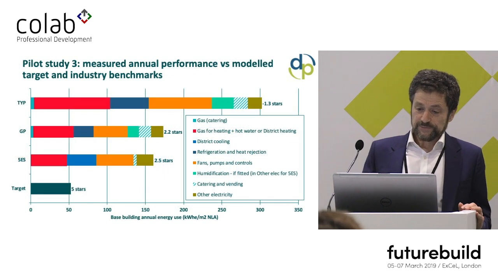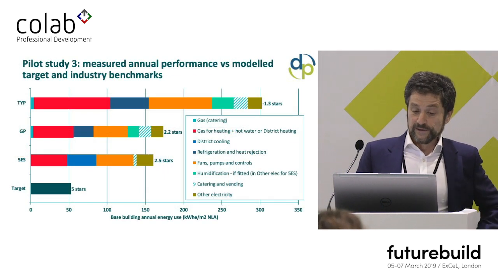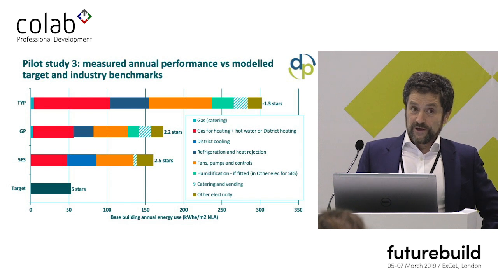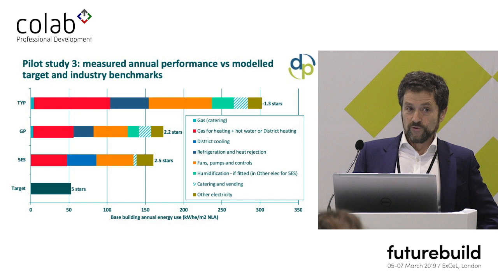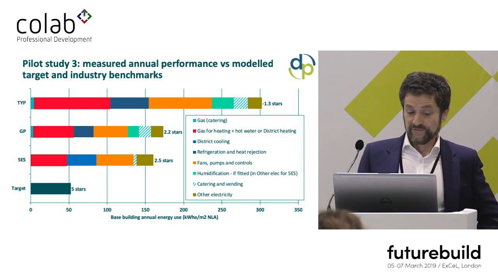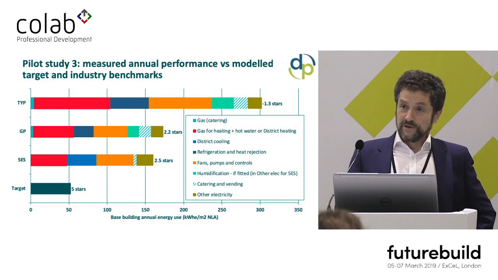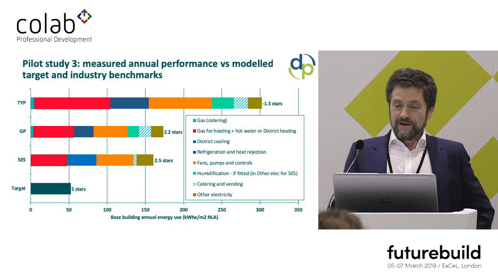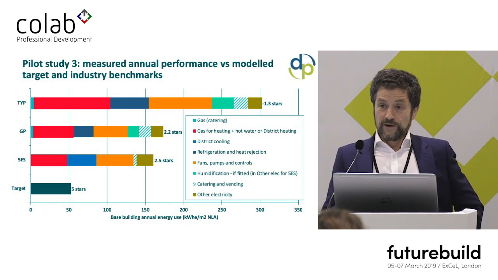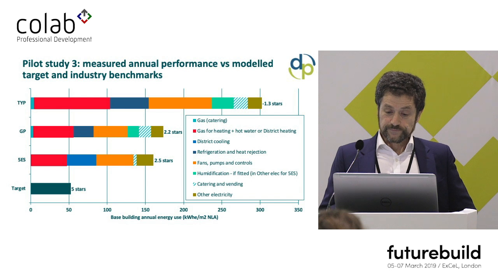So in this pilot study, the 3rd bar down is the measured base building performance of this building. It's labelled 5ES, that's the name of the building, an acronym. And we're comparing it here with the Energy Consumption Guide 19, which hopefully some of you have heard of, the guide to benchmarking the energy use of offices.